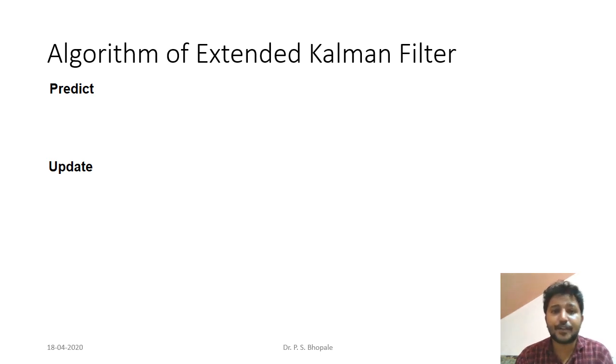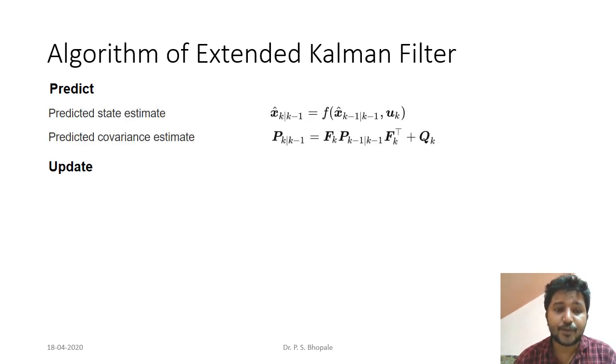The extended Kalman filter again works on the same principle as the linear discrete time Kalman filter, that is prediction and update. In the prediction step, we first predict the next state, x hat k given k minus 1, from the previous state x hat k minus 1 given k minus 1.